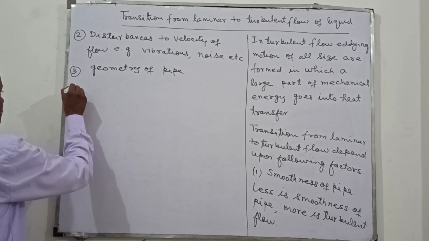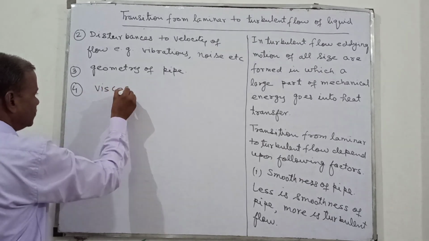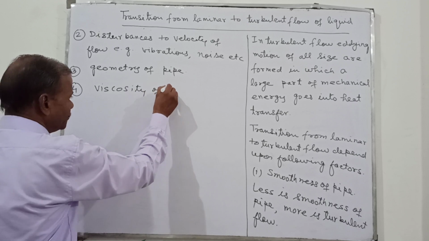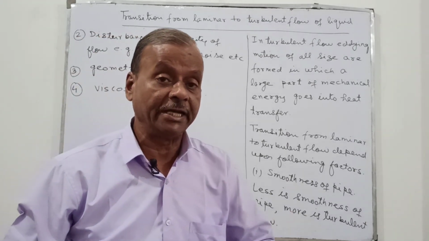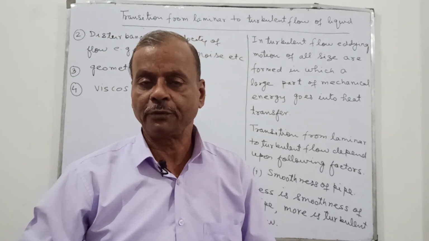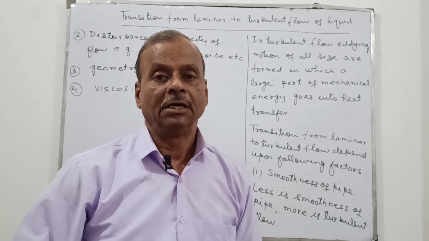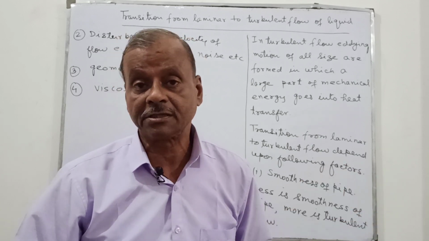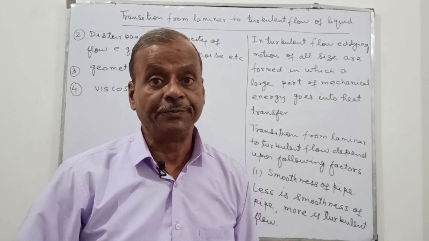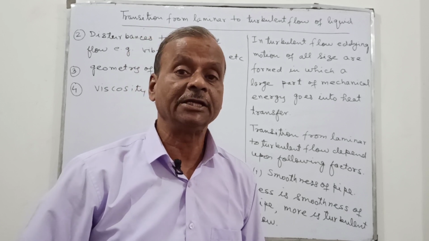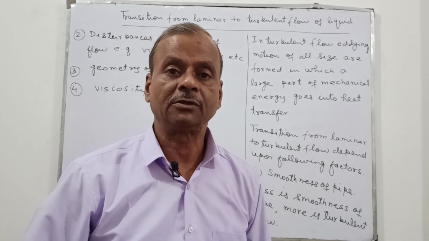Number 4, viscosity of the liquid. The liquids which have higher viscosity have less turbulent flow. For example, you can see honey, glycerine, and the most dense is Fevicol. In that case, the turbulent flow is very little. But in the case of thin liquids like water, petrol, etc., there is more chance of turbulent flow.